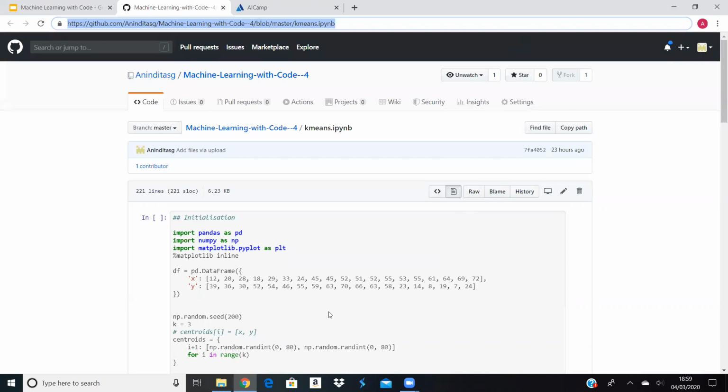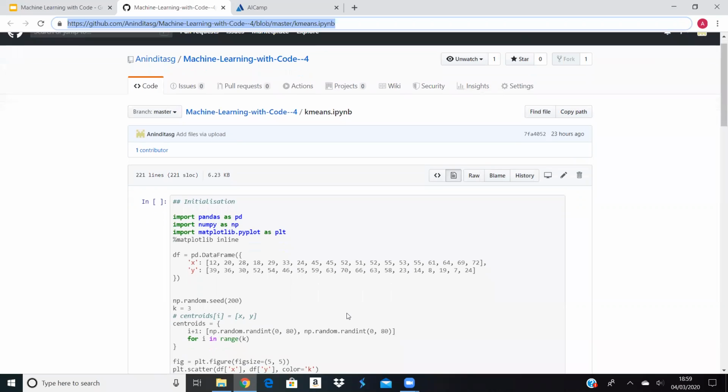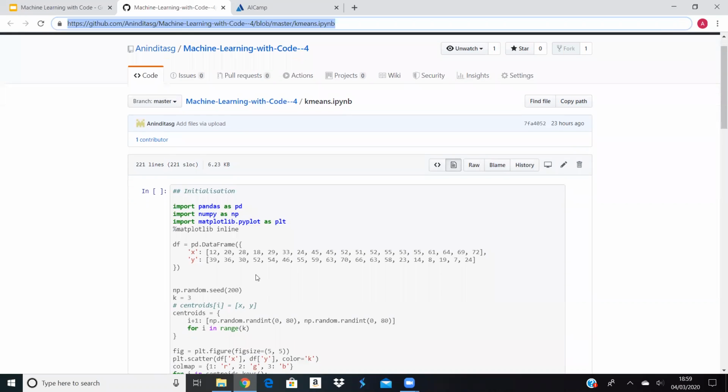Okay, so I can start my explanation with the first part. We have randomly taken two columns, X and Y, in one data frame.